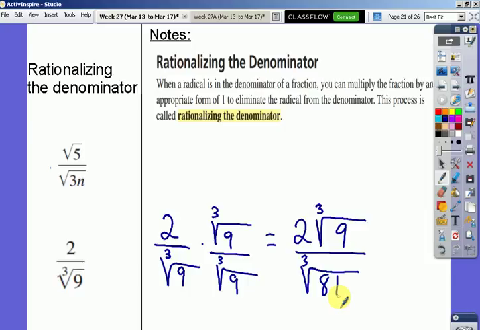So we have an issue here. We have 9 and 9, 81. Oh, you know what we have to do? We have to break down 81. Okay, so if we run into a problem like this, what we have to do is factor here.